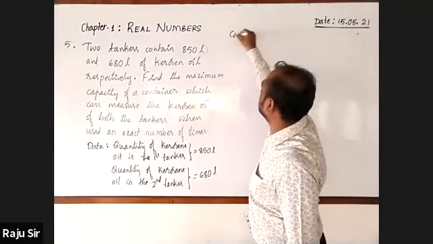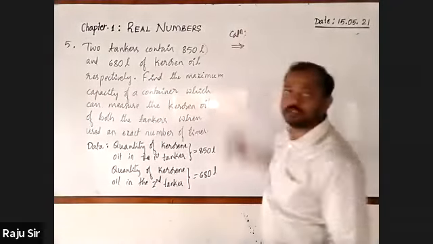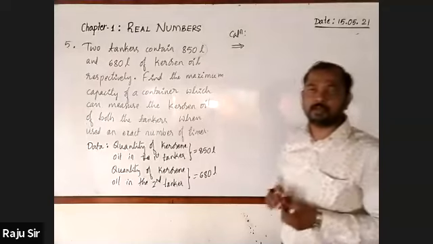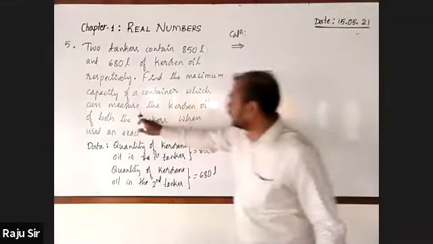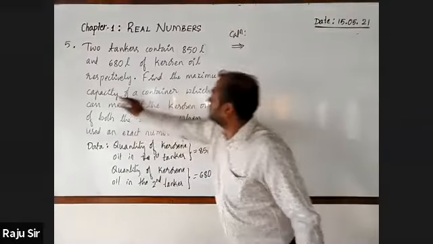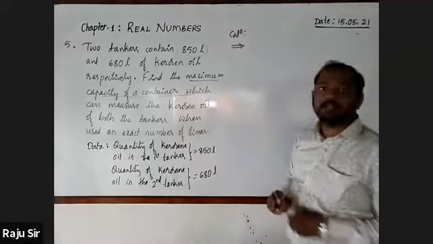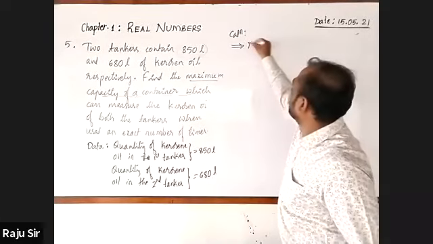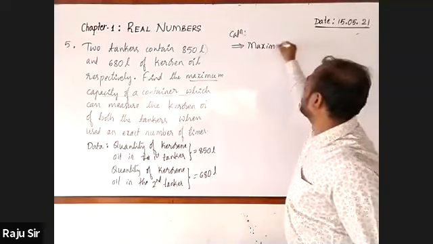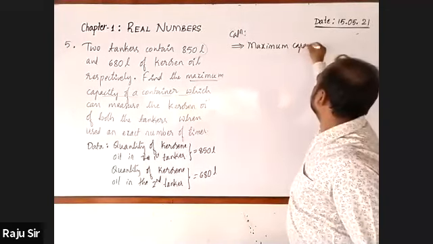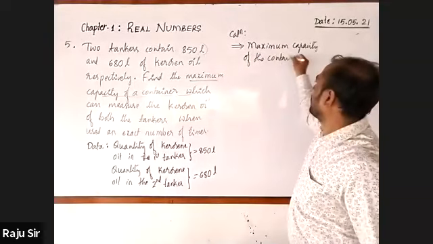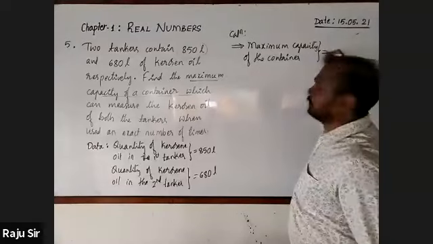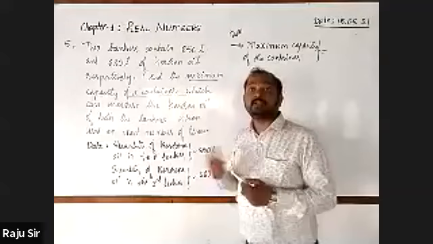Then, after data, let's go for calculation. We have to give the information whether the statement belongs to HCF or LCM. That must be written without fail. You are going to find the maximum capacity of the container which is used to empty the kerosene oil from the tankers an exact number of times.